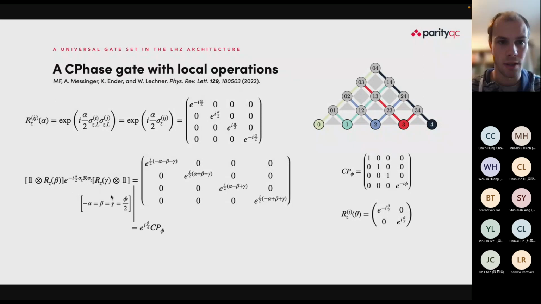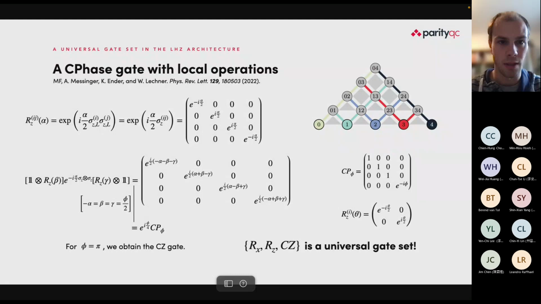And if we multiply that, we get this matrix, and we can now arbitrarily choose alpha, beta, and gamma. And if we choose them to be phi over 2, which can be easily found by solving this system of equations, we find that this is, up to a global phase, equivalent to this C phase gate, which can be executed at any arbitrary angle phi.